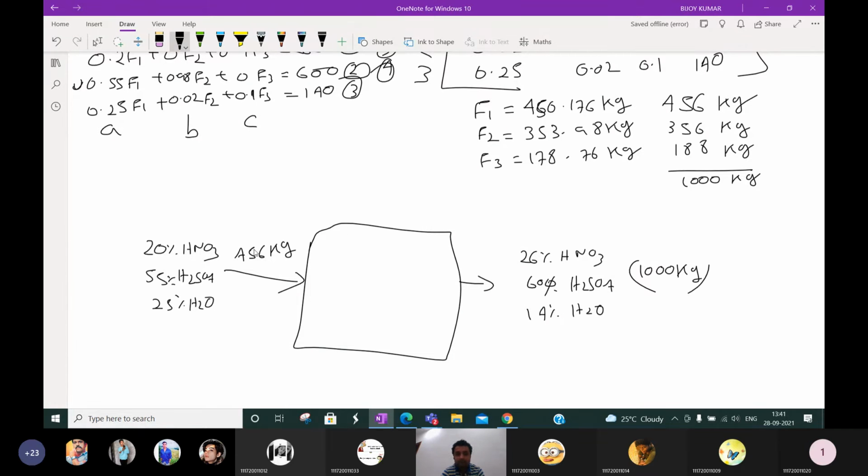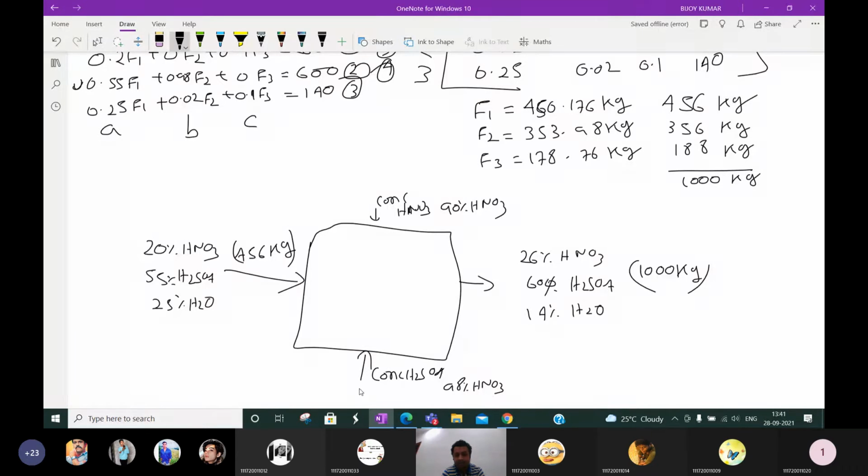So we got this stream from a process, and we have to convert it to this composition. So what we have to do? We have to add concentrated H2SO4 and concentrated HNO3. Suppose the concentrated HNO3 has only 90% HNO3, and this composition will have 98% HNO3.